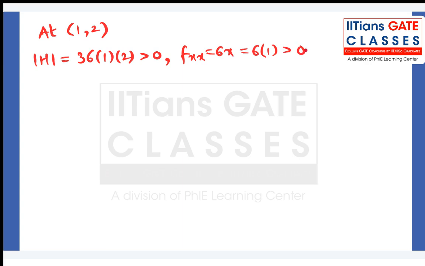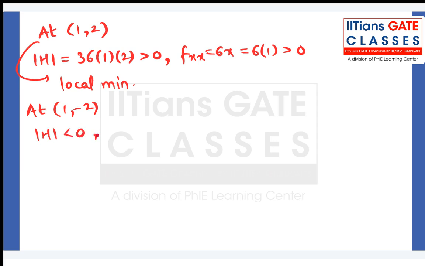So this is a local minimum. Okay. And at (1, -2), the Hessian determinant will be negative because y is negative. And see, if the Hessian determinant is negative, no need to check f_xx. That should tell you it's a saddle point. No need to calculate anything further.